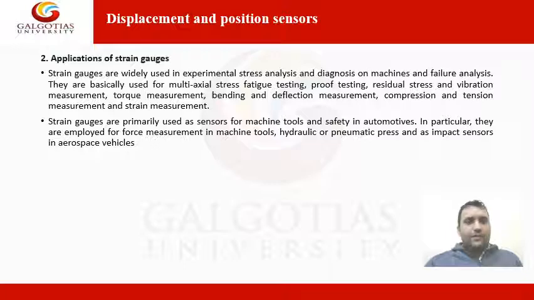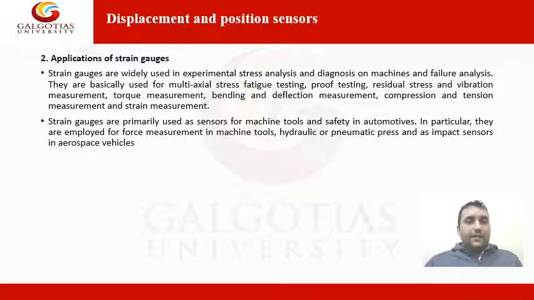As for the application of strain gauges, they are widely used in experimental stress analysis, diagnosis of machines and failure analysis. These are basically used for multi-axial stress fatigue testing, proof testing, residual stress and vibration measurement, torque measurement, bending and deflection measurement, compression and tension measurement, and strain measurement.